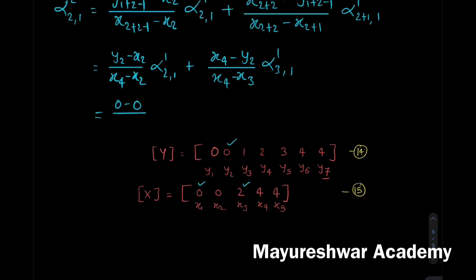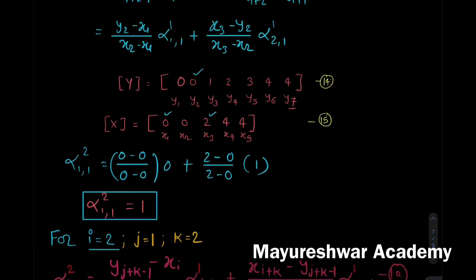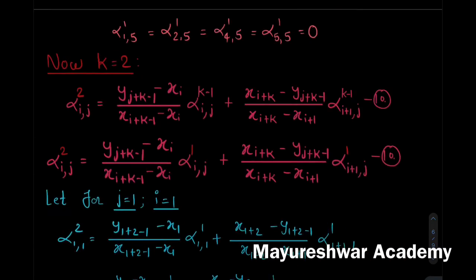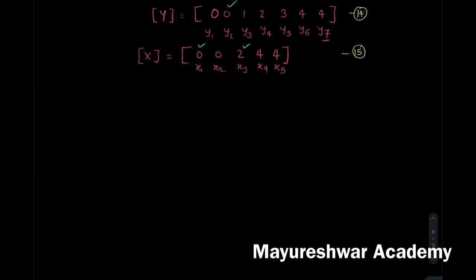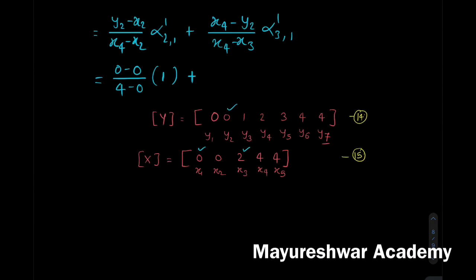Okay, so this is 0 minus 0 divided by, anyways, so we have recently used this alpha 2 1, which is a unit value, so we can check it. Yes, unit value plus 4 minus 2 divided by x4, which is 4 minus 2.